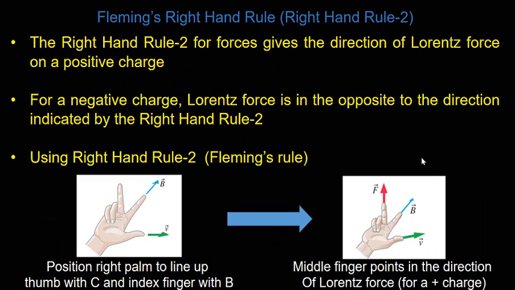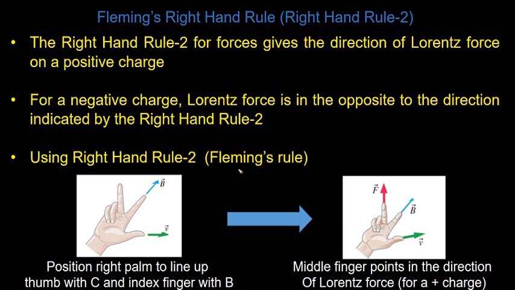A little bit more about the right hand rule. As I was mentioning, the right hand rule connects the directions of Lorentz force, the magnetic field, and a charge that is moving in the magnetic field, and the charge has to be a positive charge. That's when the Fleming's right hand rule works.